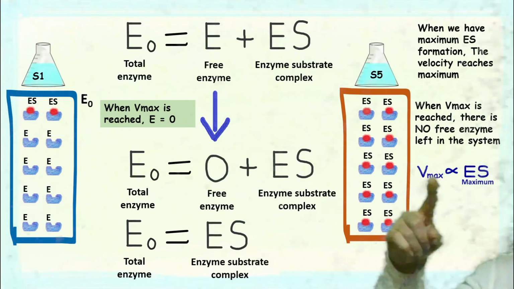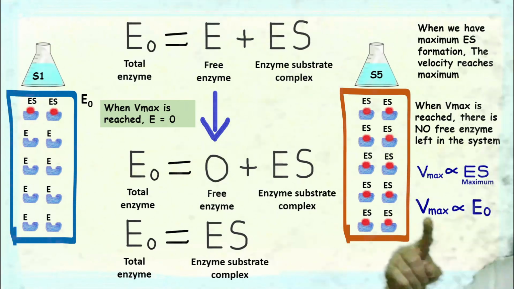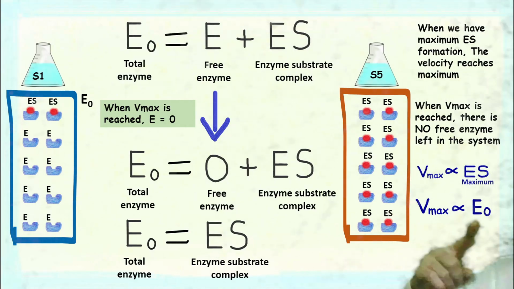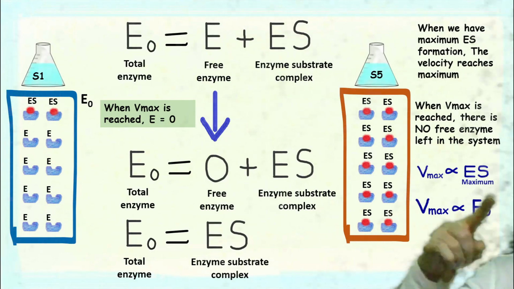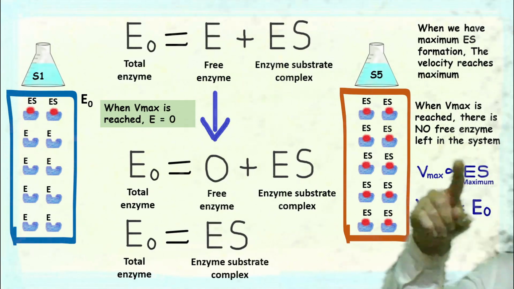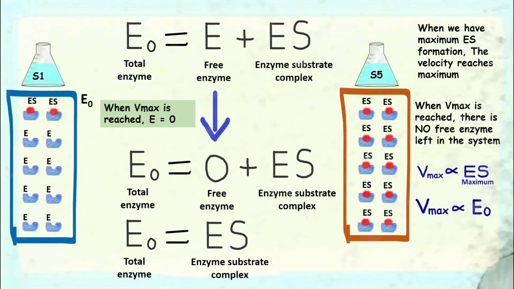So this equation can be modified as Vmax is directly proportional to E0. Your E0 is equal to ES maximum.